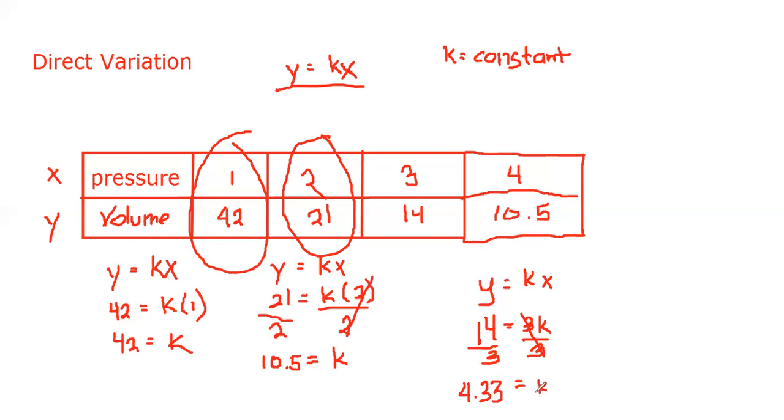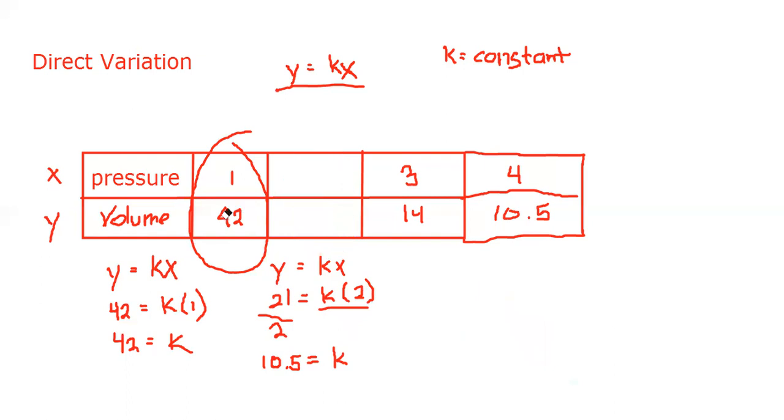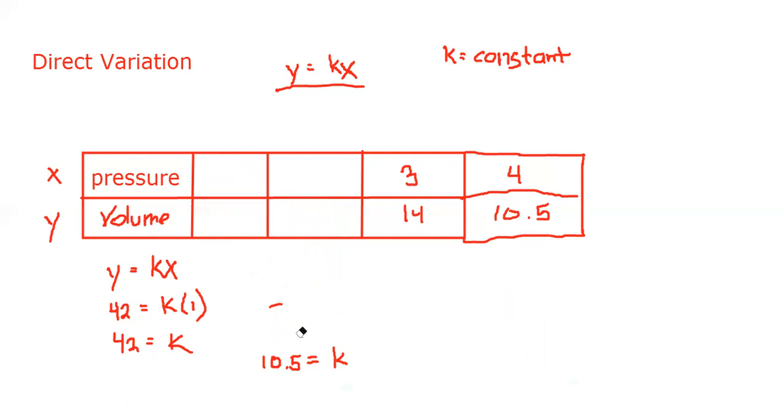Say natin, ang constant natin is 4.33 something. So, hindi siya direct variation, di ba? Basta pag ang constant ay magkakaiba, hindi siya direct variation.